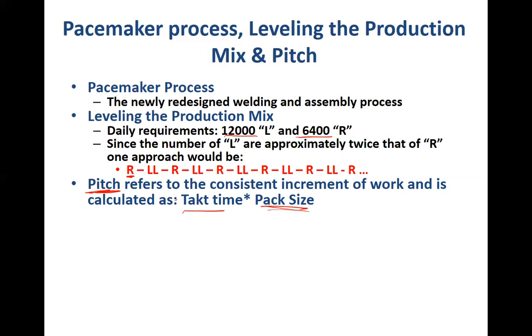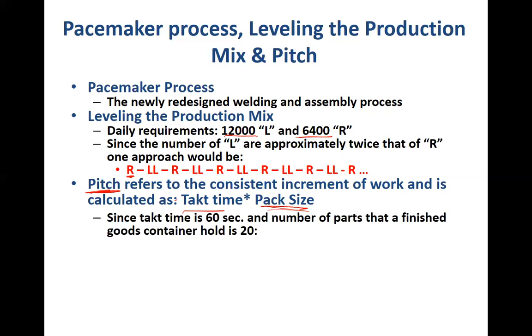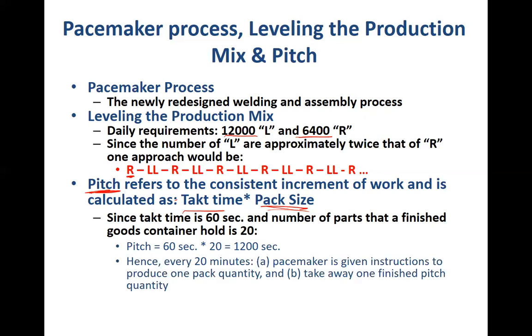So we know the takt time, which is 60 seconds, and we know that we are keeping these in trays, which is our pack size, and each tray contains 20 units. So when we multiply 60 seconds with 20, we get the pitch, which is 1200 seconds, which is essentially 20 minutes. So that 20 minutes then becomes our pitch, which is after every 20 minutes, the pacemaker is given instructions to produce one pack quantity of a certain part that is being made, and then also at the same time take away one finished pitch quantity to the shipping.